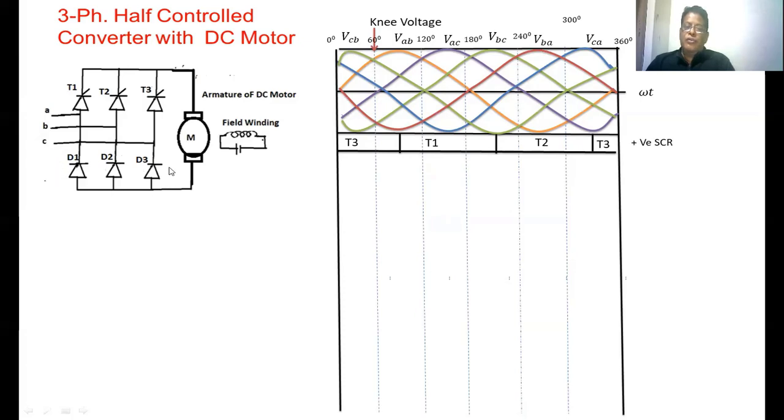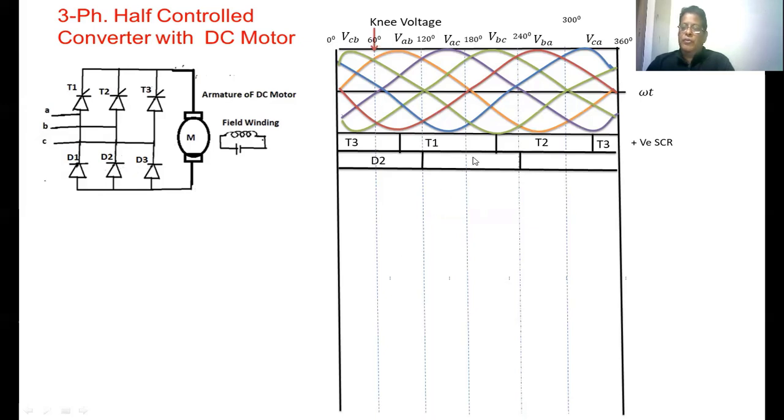Now come to the diodes. For the diodes, no need to apply any triggering voltage. Now you have to identify the region in which the phase is more negative. From 0 to 120 degrees, B phase is more negative, so in this region D2 is on. From 120 to 240, C phase is more negative, so D3 is on.